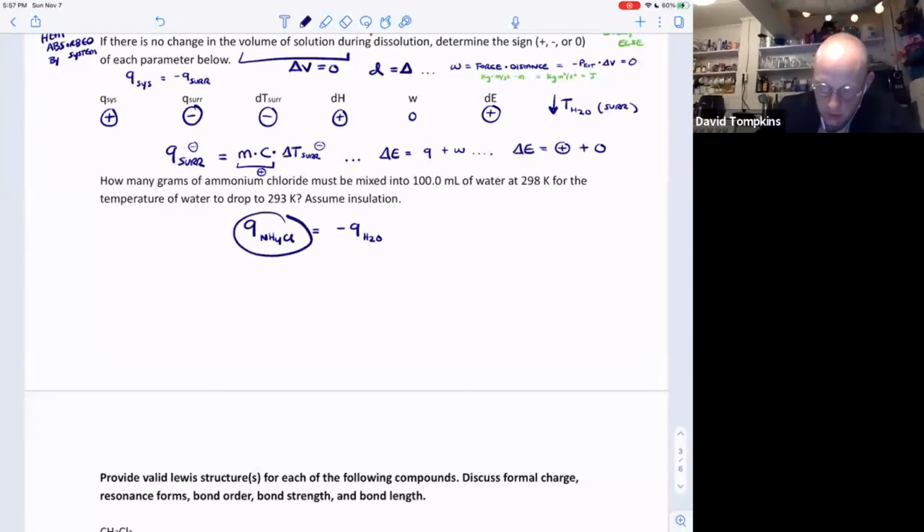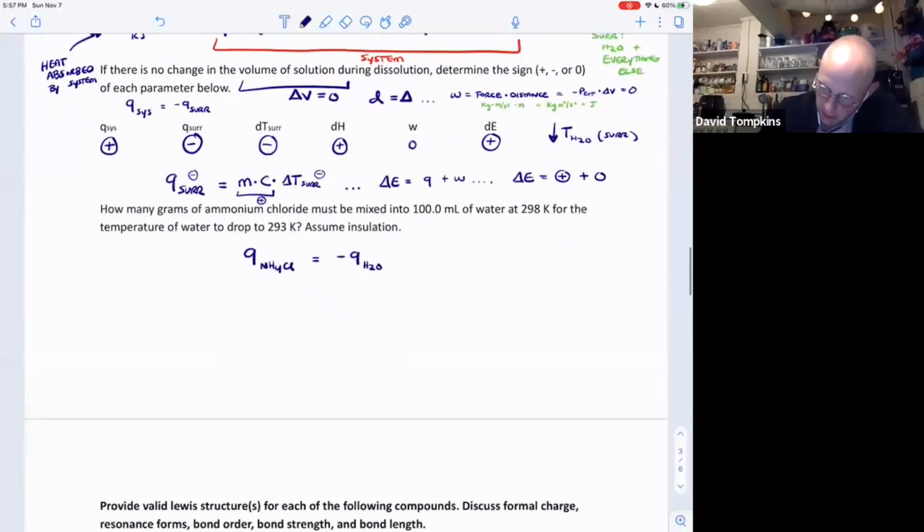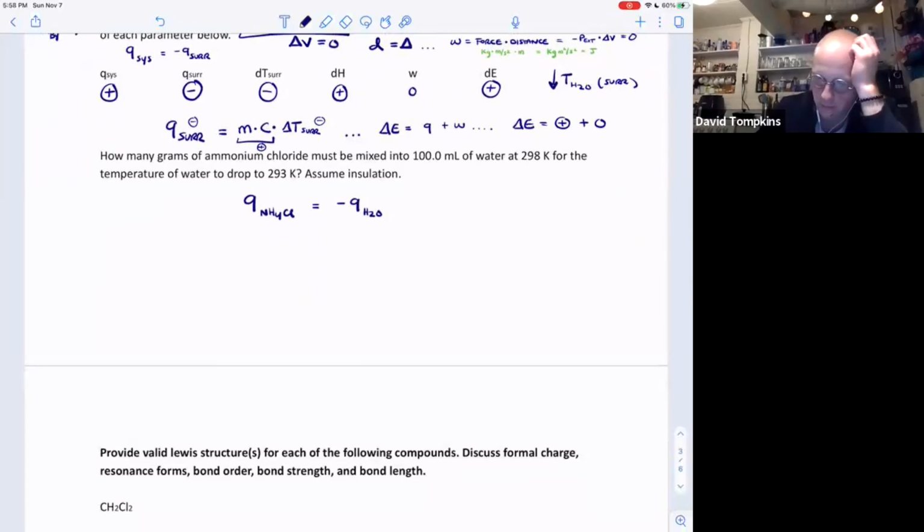But we can relate this heat value back to the amount of heat required in the reaction. So what I want to know is how many grams of ammonium chloride does it take to drop by 5 degrees. And keep in mind, you're given other values earlier on this problem set. You have 1 gram per mL for water. We probably need the density since we have a volume.